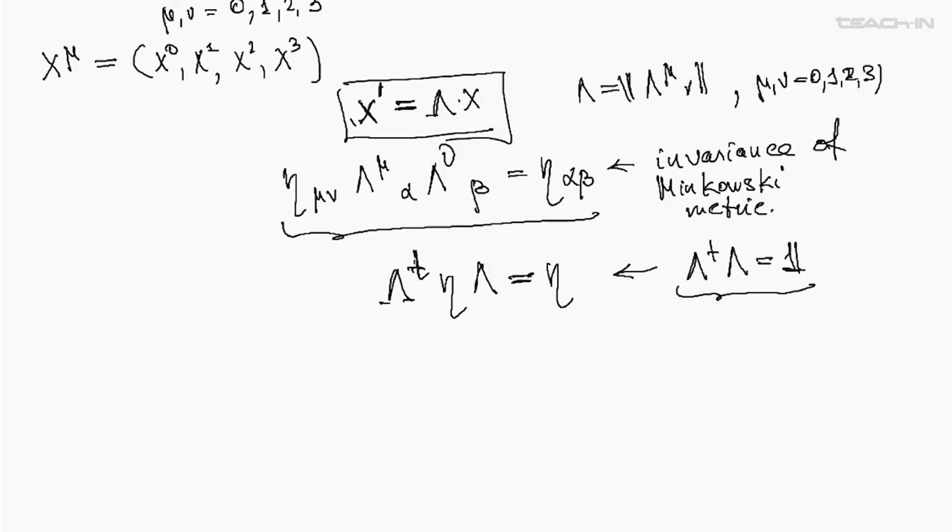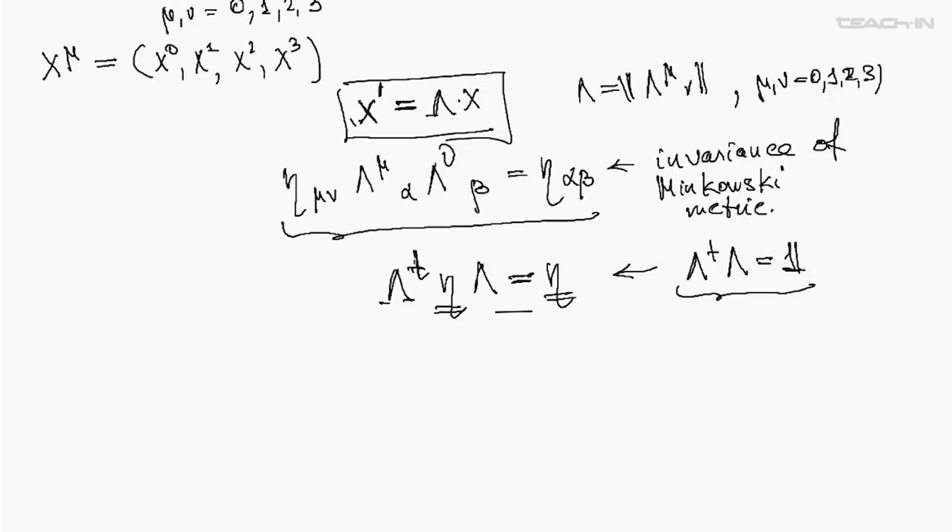Now, instead of a metric which is just the identity matrix, so +1, +1, +1, +1, you have the Minkowski metric. And this condition is sometimes called the pseudo-orthogonality condition, arising from the fact that now you are dealing with Minkowski space rather than with Euclidean d-dimensional space.